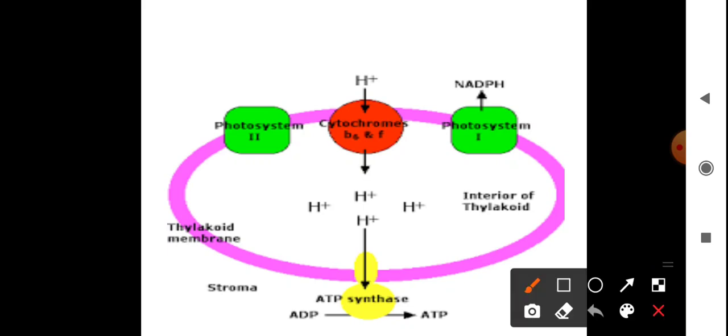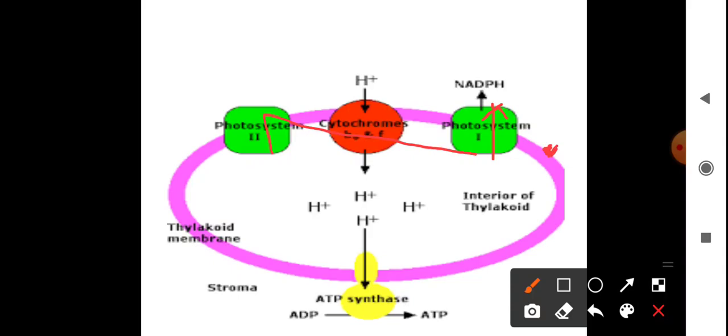When the electron from photosystem 2 is passed to photosystem 1, here the electron again gets excited and goes to a higher energy state. On the outer side of the thylakoid there is an enzyme named NADP reductase.